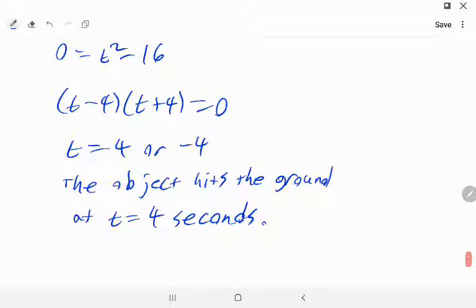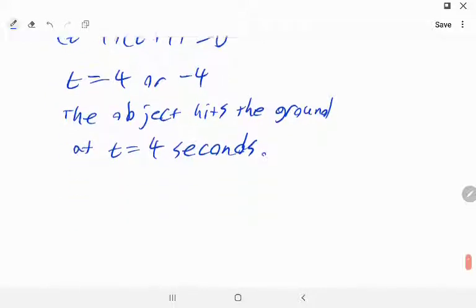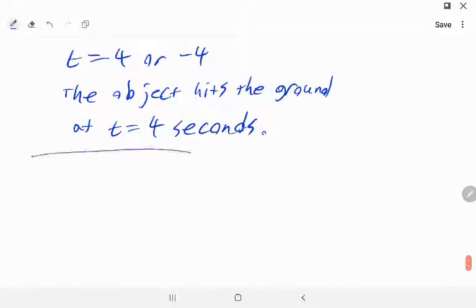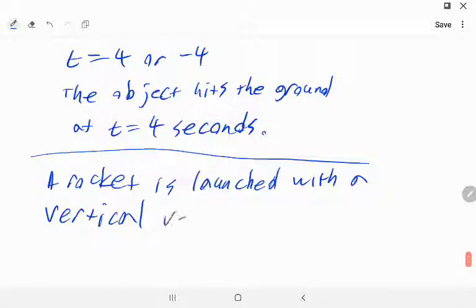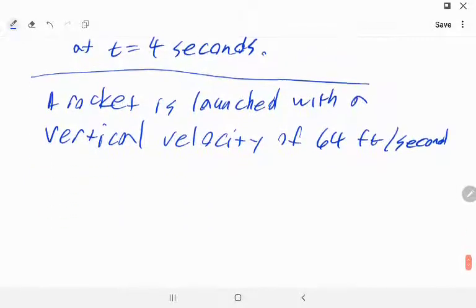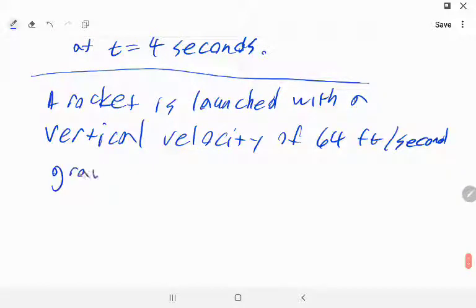And then you'll also occasionally see more complicated things. We notice that if we said something like a rocket is launched into the air with a vertical velocity of 64 feet per second, and gravity is once again, the acceleration of gravity is again negative 32 feet per second squared.